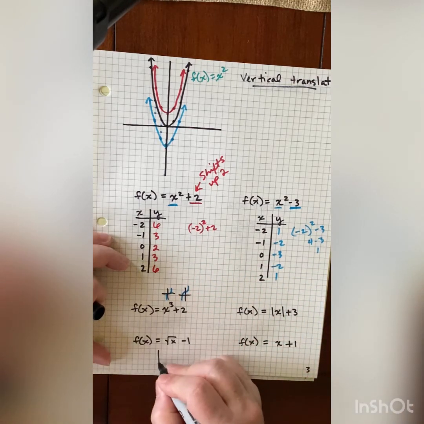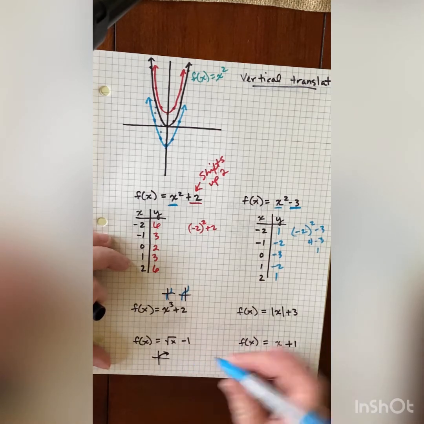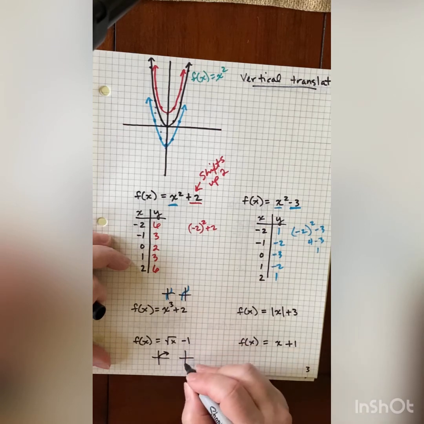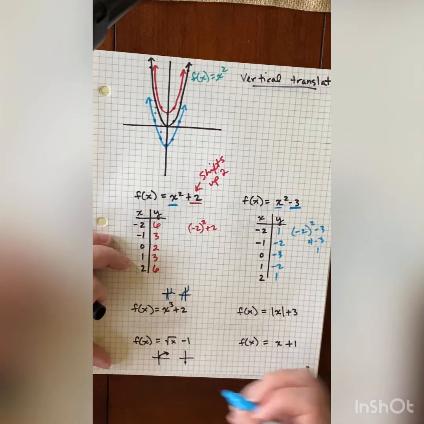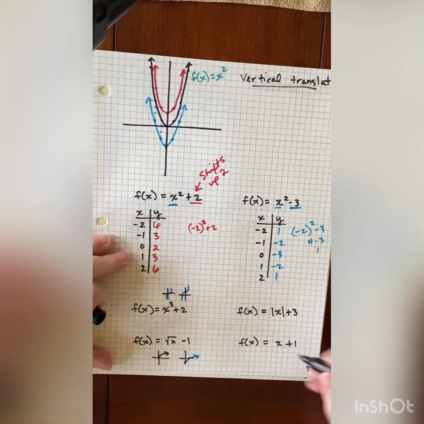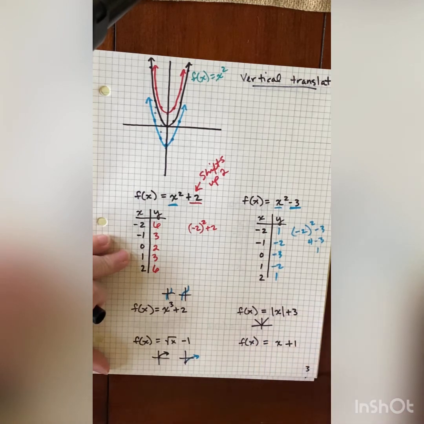This one here would normally look like this, right? Well, it says it's going to go down 1, so it'll go down there, then go like this. It takes what we'd normally have and moves it up or down. This one here would be V-shaped like that.